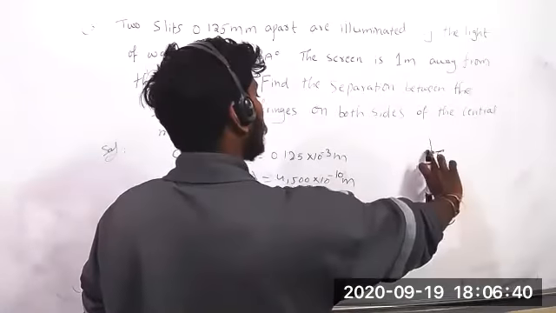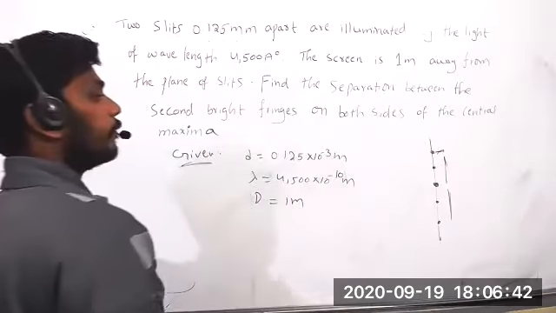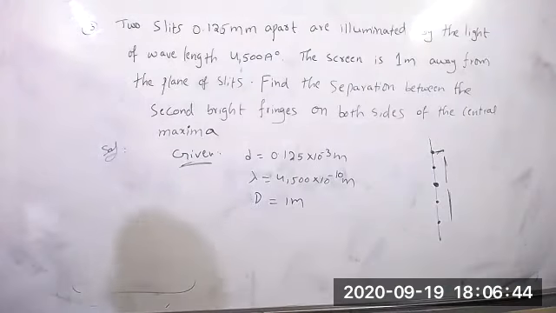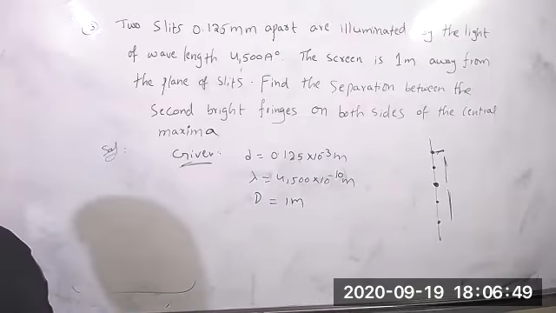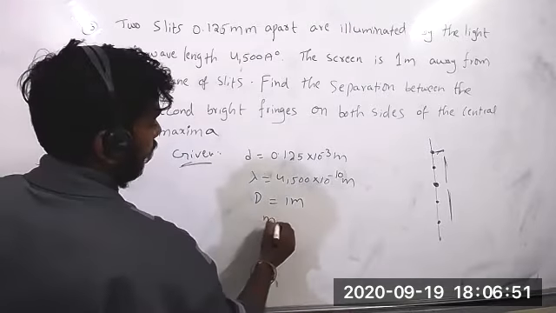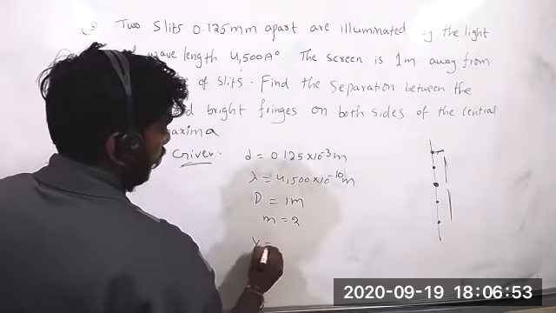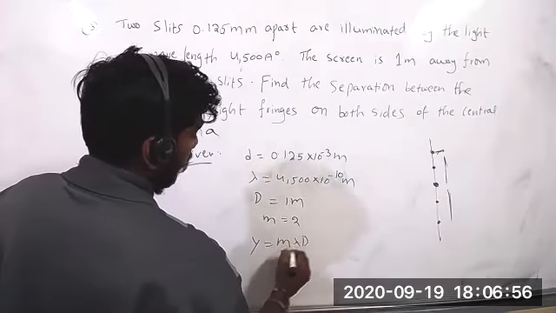So calculate how much distance is there between the central maximum and the second bright fringe. What is the formula? Here m equal to 2, as they gave. y equal to m lambda capital D by small d.